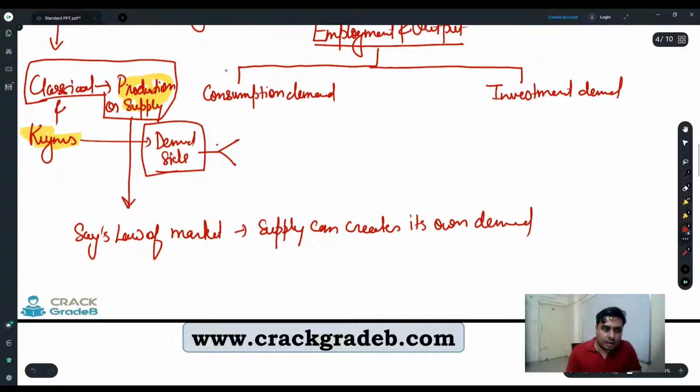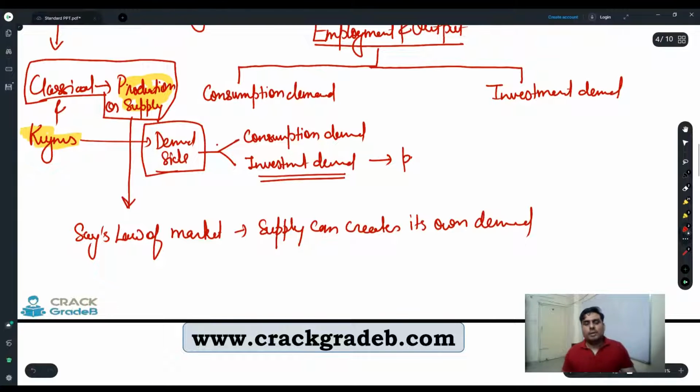He defined demand in terms of consumption demand and investment demand. So this is the side of who will demand the investments? Who needs investments?